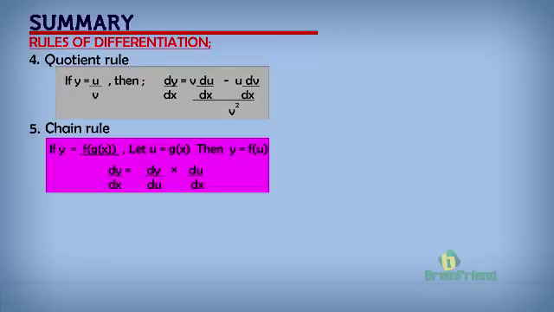Then we let y, of course, be the outside function or the external function. Dy dx in this instance, that is the derivative of our y with respect to x, would be the derivative of our external function, which is dy du, multiplied by the derivative of our internal function du dx. And that is what we've learned today.